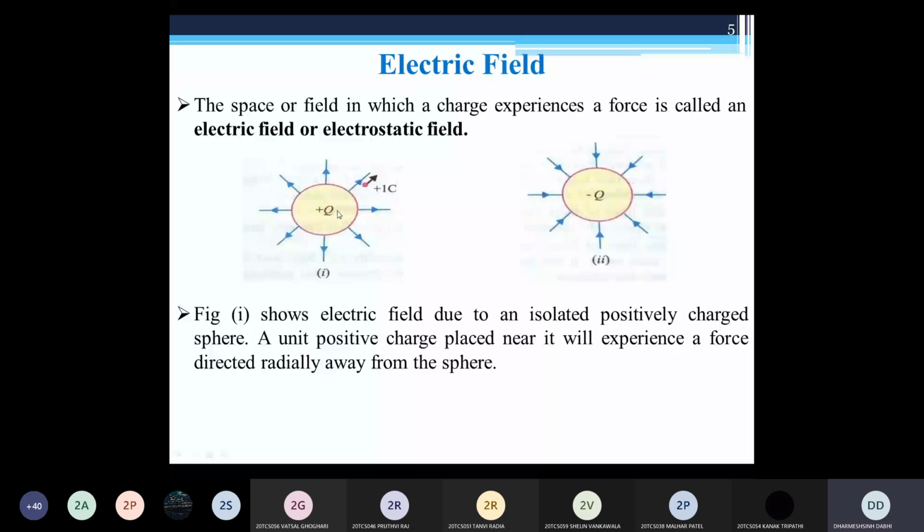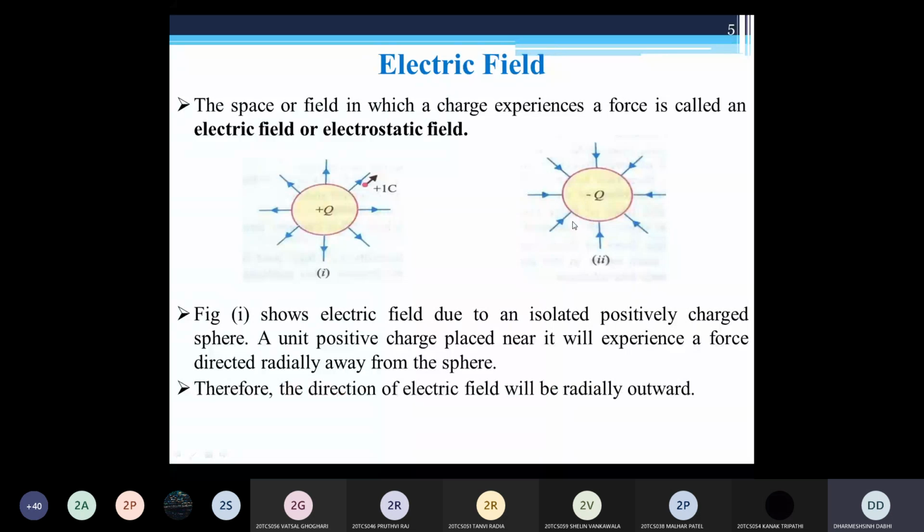The unit positive charge placed near the positive sphere experiences a force, and this force is directed radially away from the sphere. Exactly opposite, if the sphere is negatively charged and a positive charge is placed near it, that positively charged 1 coulomb experiences a force towards the sphere.